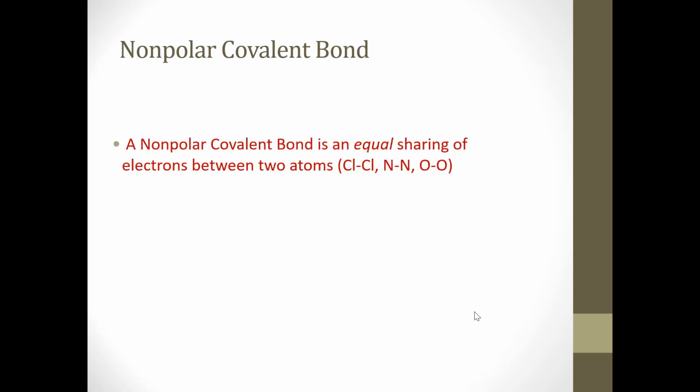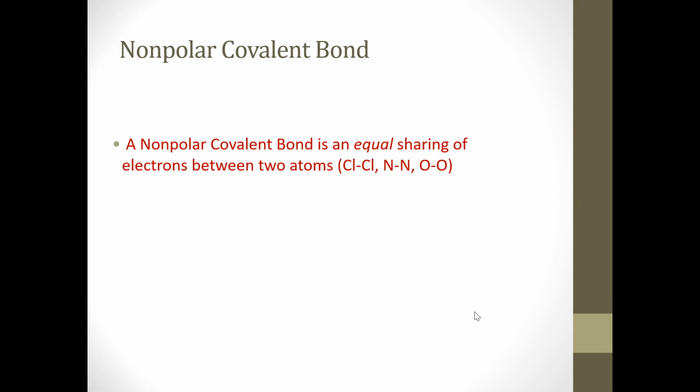So the other possibility is to have nonpolar covalent bonds. Now this one's equal sharing. Most of the time this happens when the two atoms are exactly the same or very, very close in electronegativity. So chlorine, Cl2, nitrogen, the molecule N2, oxygen, the molecule O2.